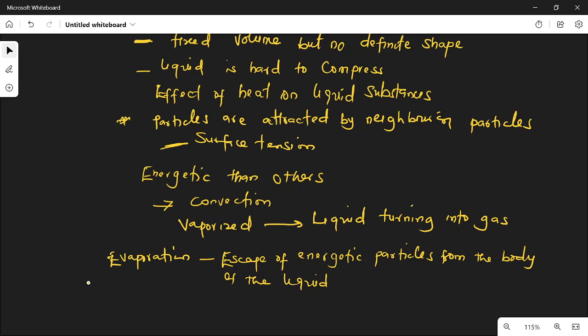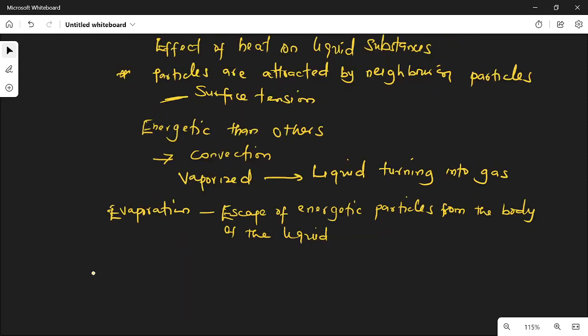And we need to understand that evaporation occurs at all temperatures.